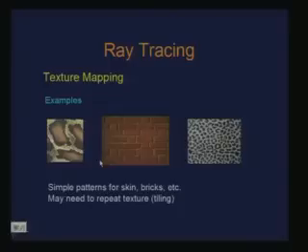Now there is another issue. What we have talked about is taking a texture image and putting it on top of the objects, just wrap it around. That may not be a desirable thing to do always. Let me give you an example here.